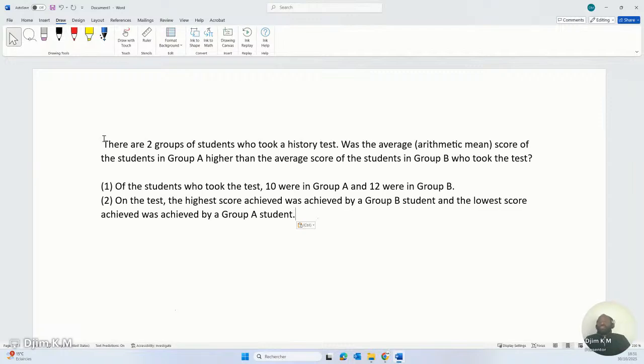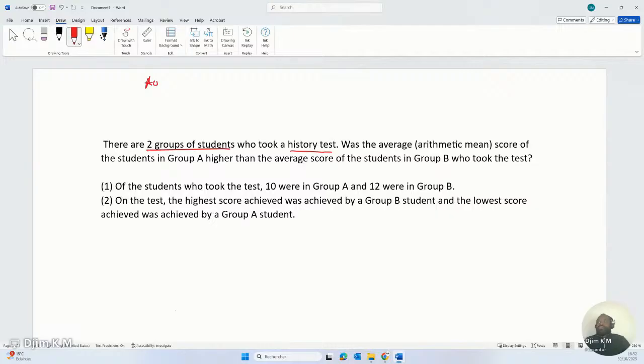There are two groups of students who took a history test. Okay, two groups. So we have two groups of students who took a history test. Was the average score of the students in group A higher than the average score of the students in group B who took the test?